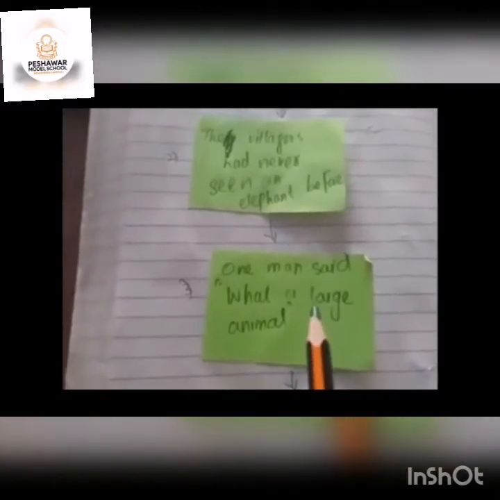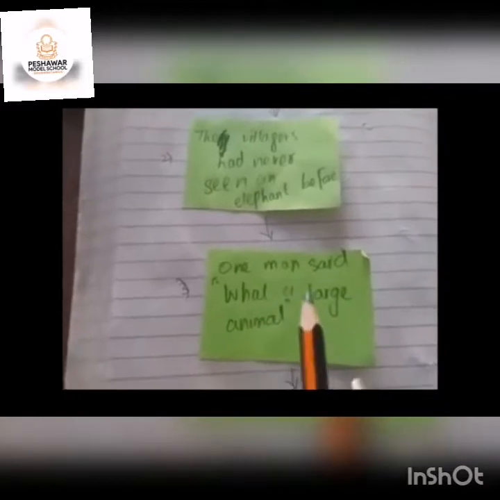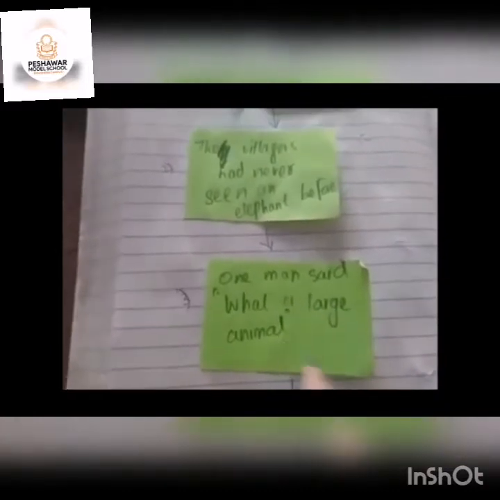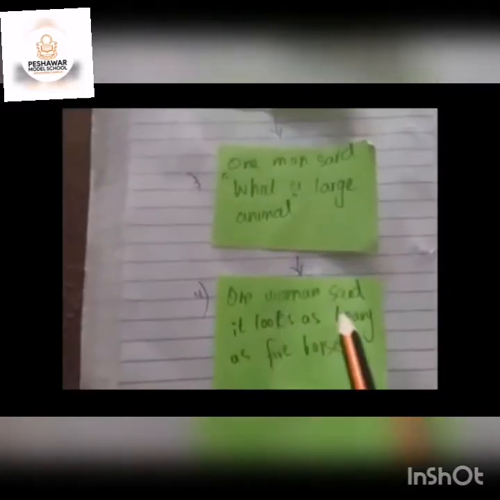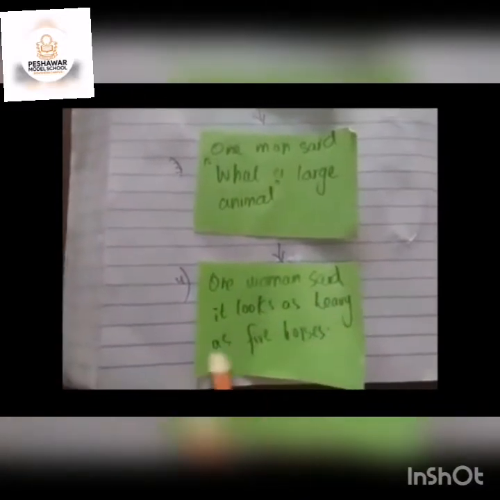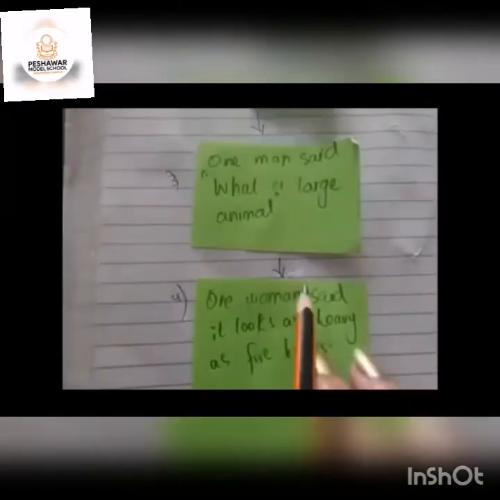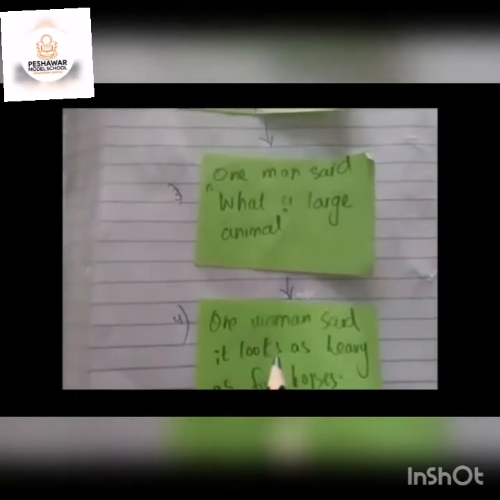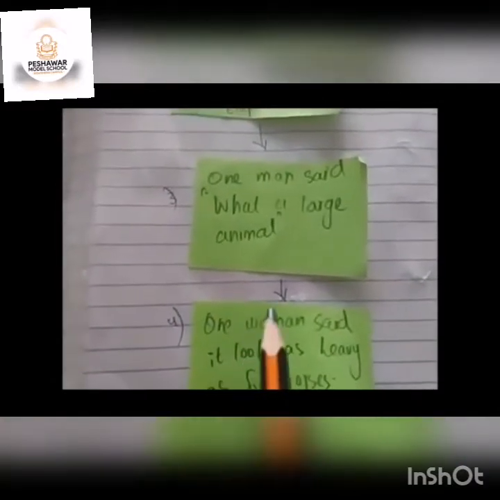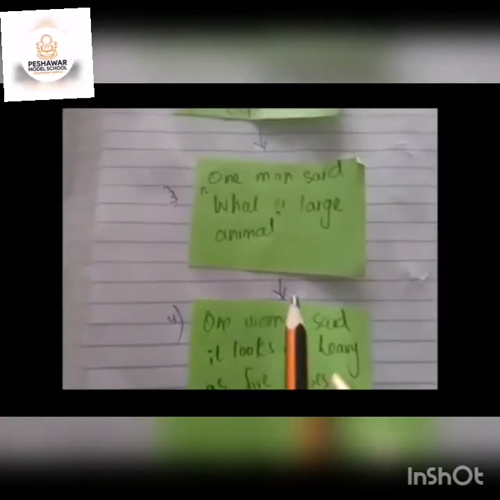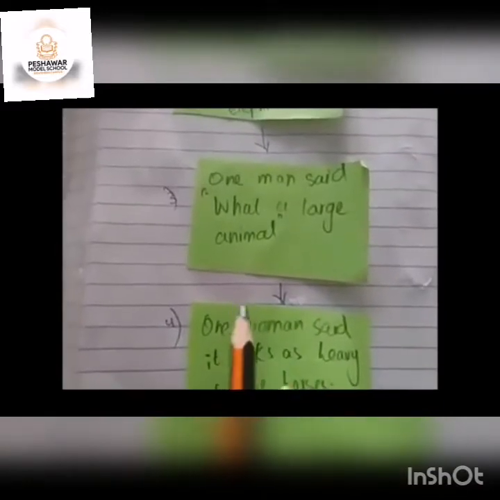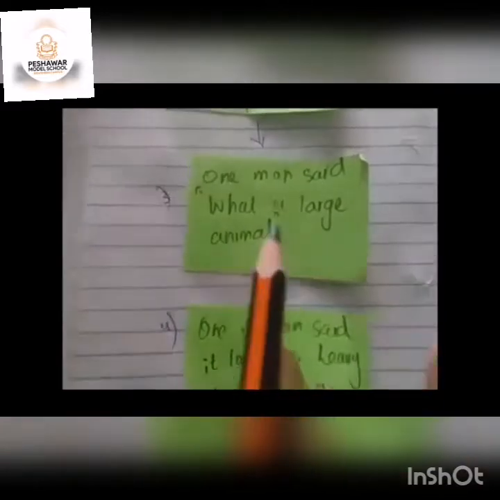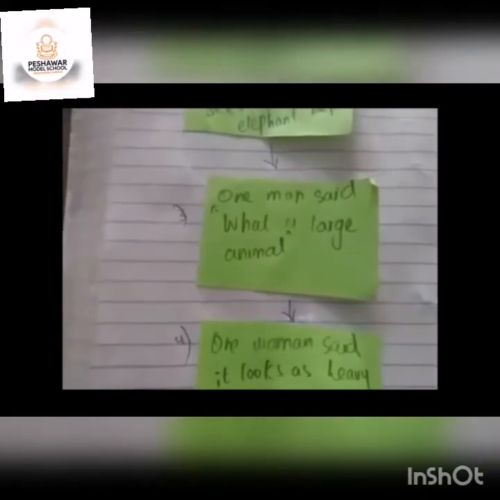When the villagers saw that elephant, they said, "What a large animal!" One woman said, "It looks as heavy as 5 horses." One woman said that this huge animal, which they had never seen before, is as heavy as 5 horses. Horses means ghode.